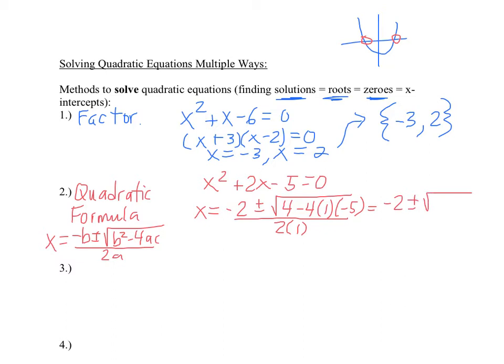There's 2 negatives in there multiplied together, so that's going to give you 4 plus 20. So that's going to be radical 24 all over 2. And if you break down radical 24, it's radical 4 times radical 6, which is 2 radical 6. So negative 2 plus or minus 2 radical 6 all over 2.